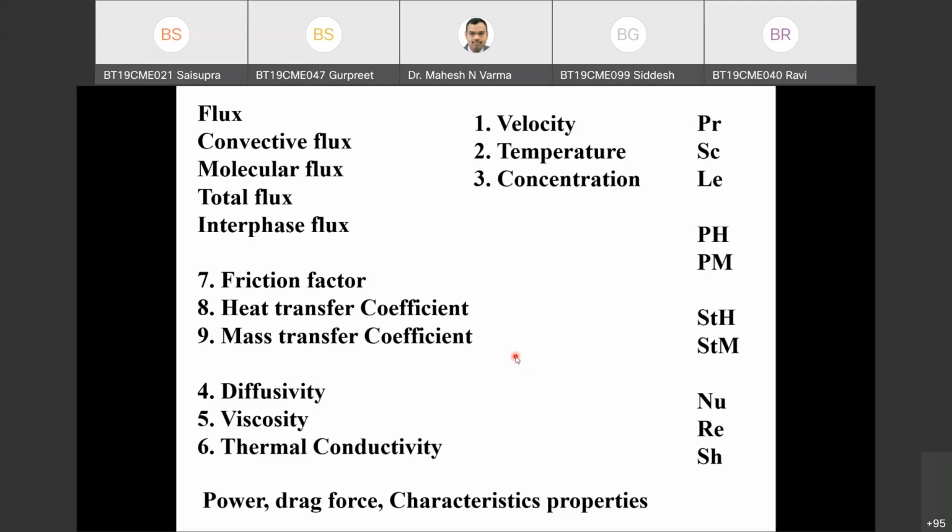Then we introduced the analogies, which tell us that these three areas are similar, but subject to some situations, limiting cases, these three areas are equal. It means that given data in heat transfer, I can estimate all the properties in momentum transfer. Given data in heat transfer, I can estimate all the properties in mass transfer. That is the importance of analogy.